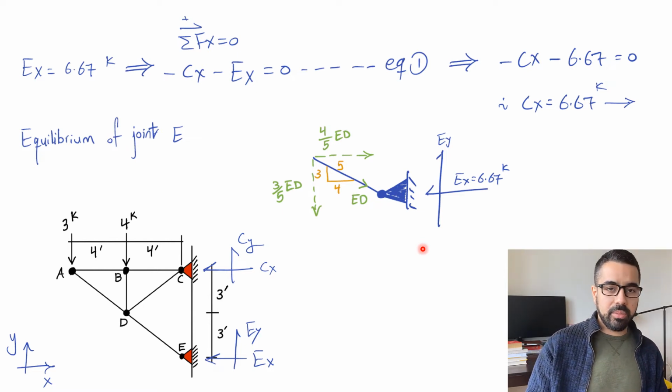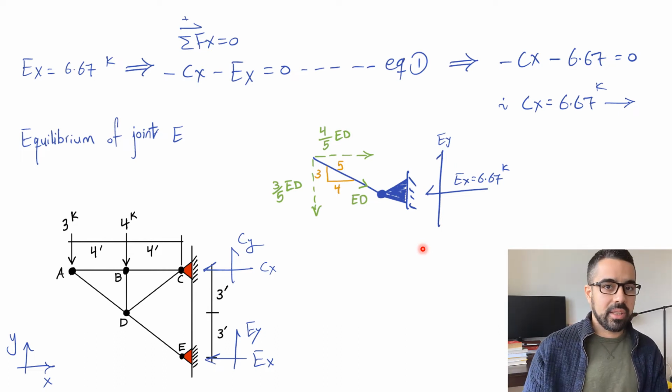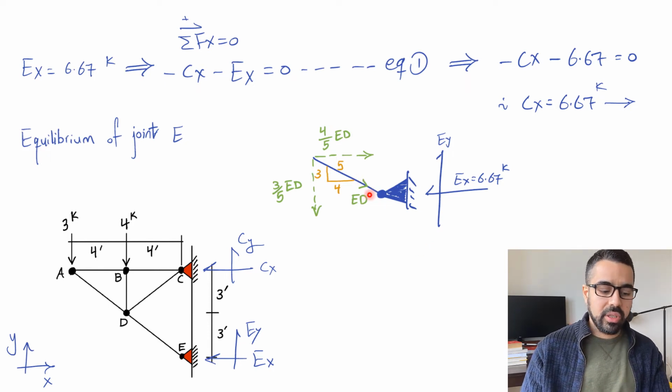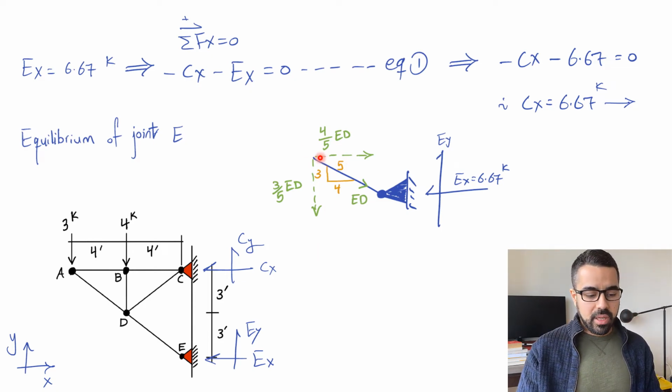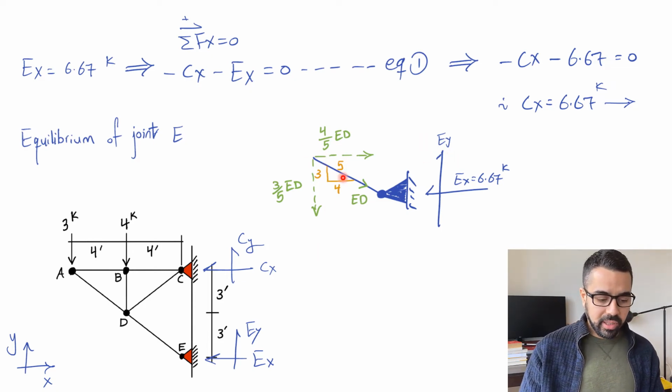You can assume it to be a tension, nothing wrong. If you get a negative result, that means it is in compression, not in tension. So it's just an assumption. If you assume it's a compression, you're going to get a force that way and a force downward, right? So the x component is basically 4 over 5, horizontal over the chord, and then the vertical component is basically the 3 over the 5 ED.